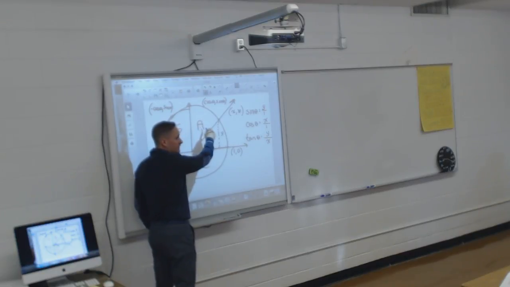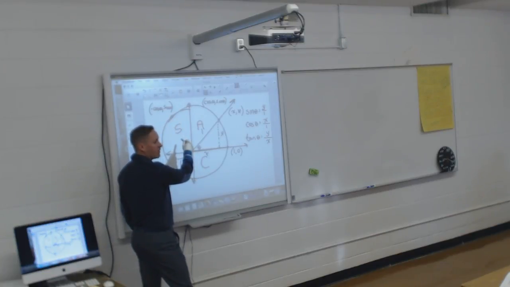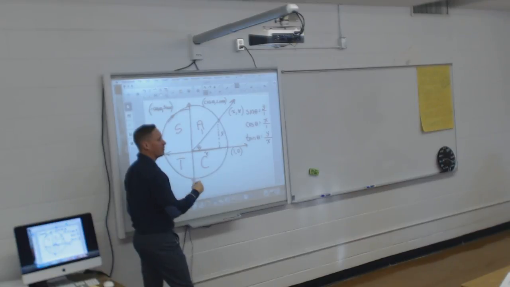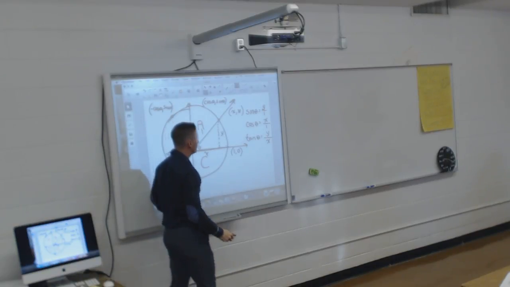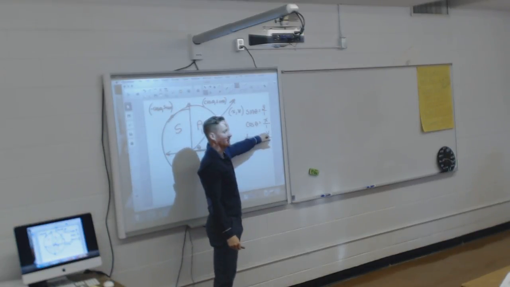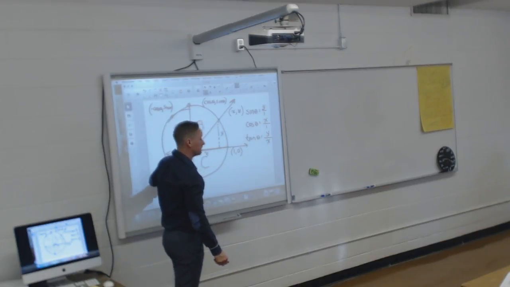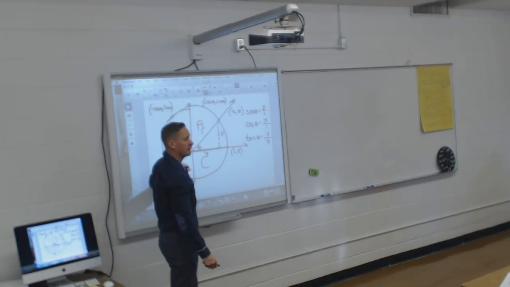All the trig ratios in this quadrant are all positive. The sine ratio in this quadrant is positive. The cos is negative because the cos is the x value. Only the tan one is positive down here. Well, why is that? Because I have a negative over a negative. Sine is negative down here. So is cos. So therefore tan is the only thing positive.